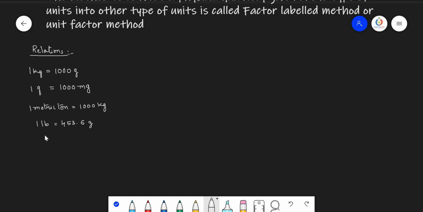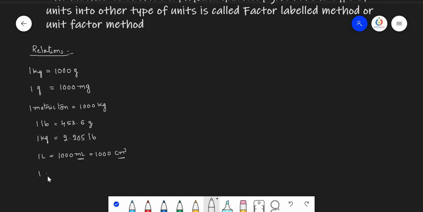Next, 1 kg is equal to 2.205 pounds. Similarly, 1 liter is equal to 1000 ml, that equals 1000 cubic centimeters. So 1 ml equals 1 cubic centimeter, that we have to remember.